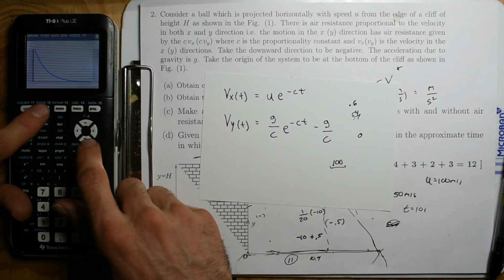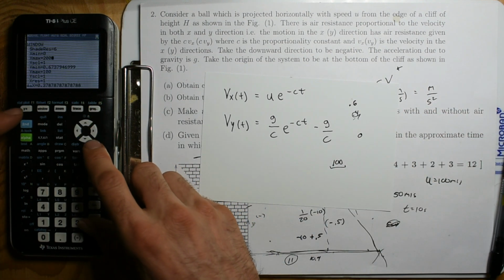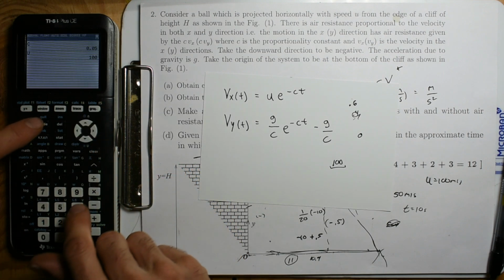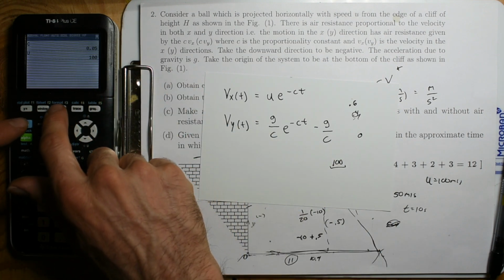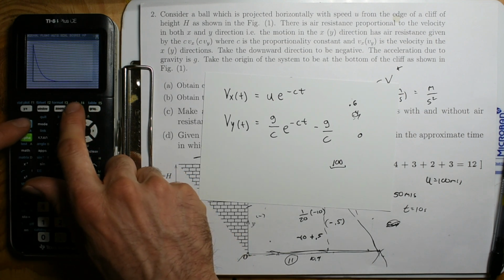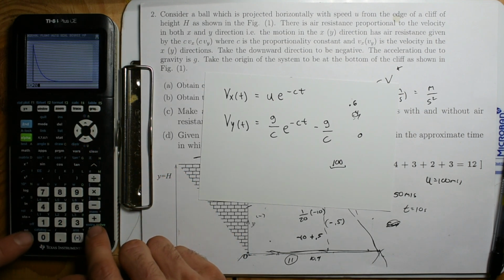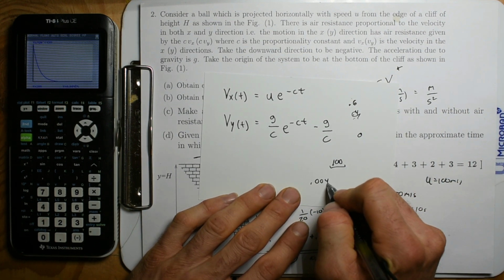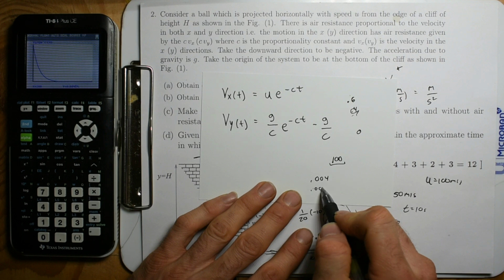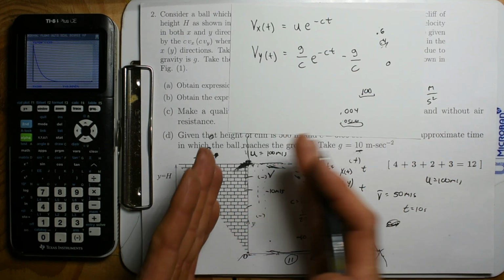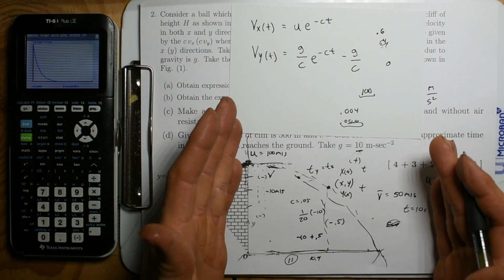So hell yeah, we're going to go 200 seconds. But check this out, because it's exponential. Let's go zoom fit. After 200 seconds, our speed is 0.004, and I would say that's 0.000. That is legitimately zero velocity in the x direction after 200 seconds.